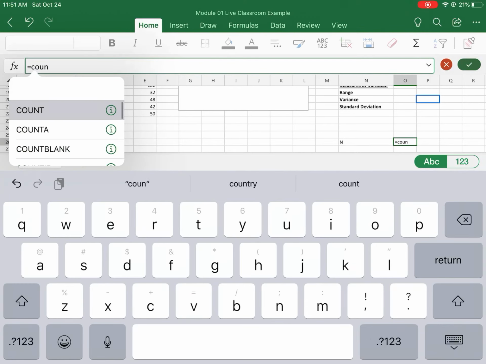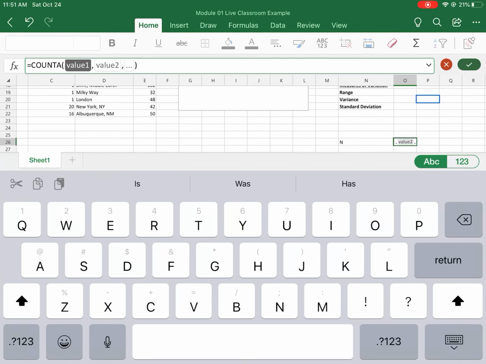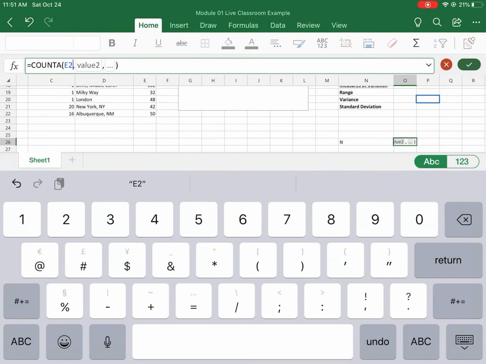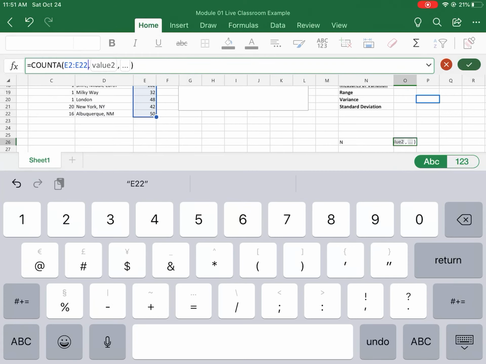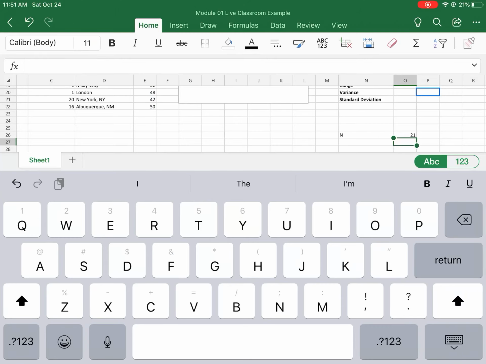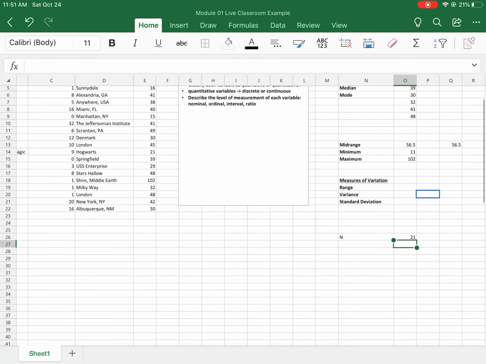Equals, you can put in counta, and then E2 to E22, return, I have 21 things in my data set. So that'll be important later on, so I just wanted to show you how to do that.